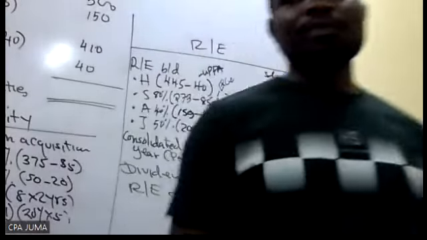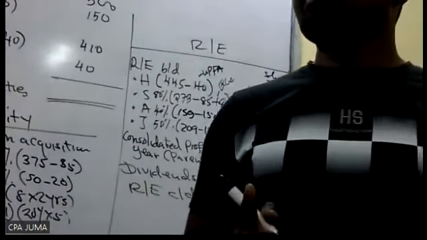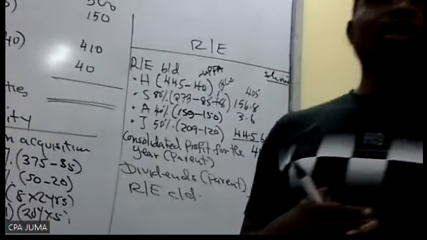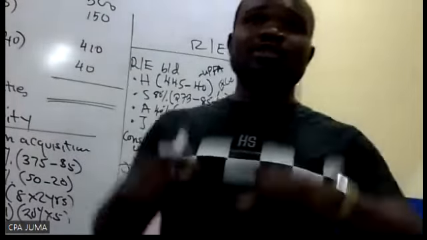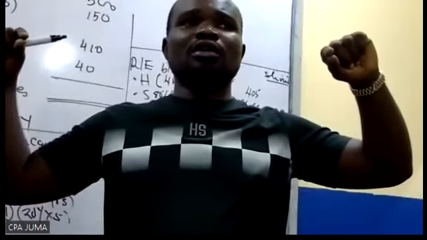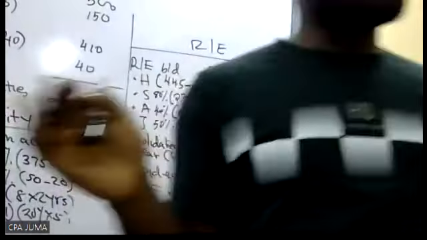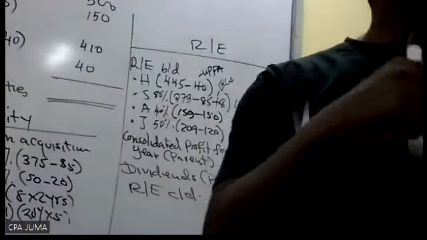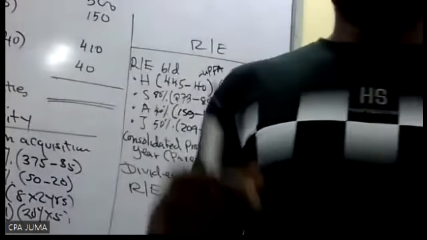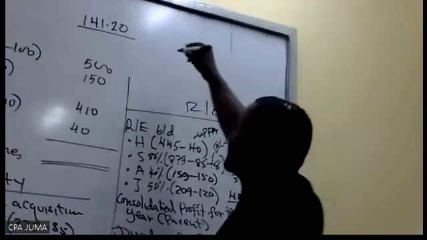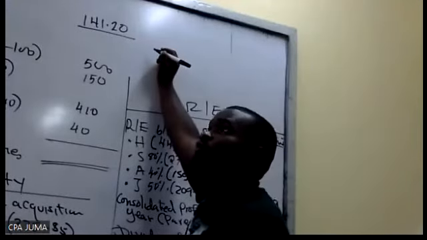Now, there is another question. Did I tell you our group is divided? Group in this class is this way. There are 1, 2, 3, 4, 5.